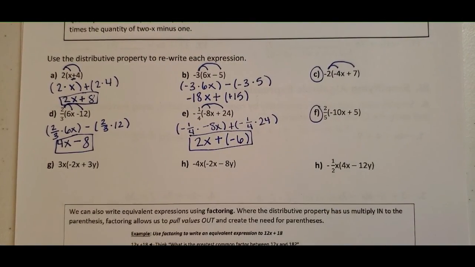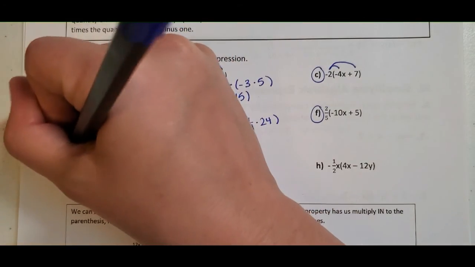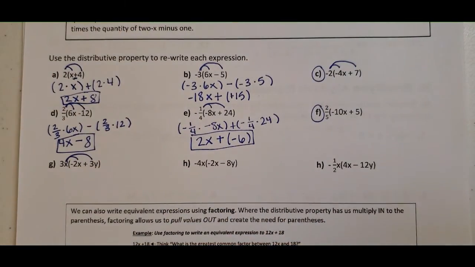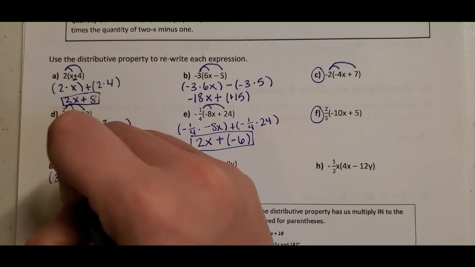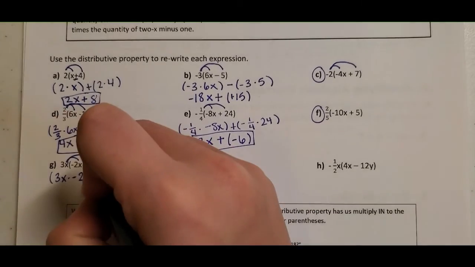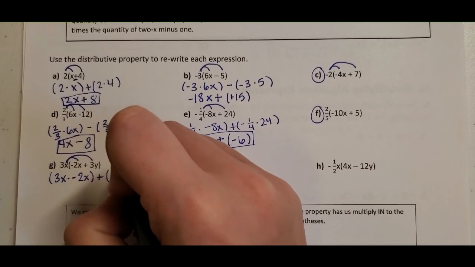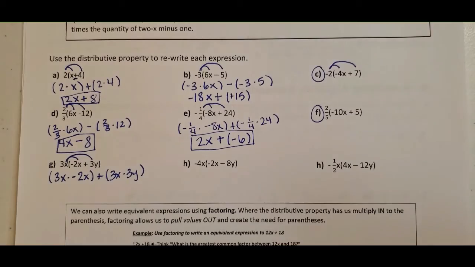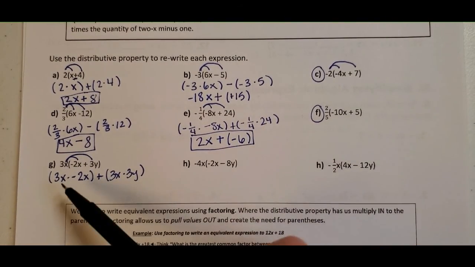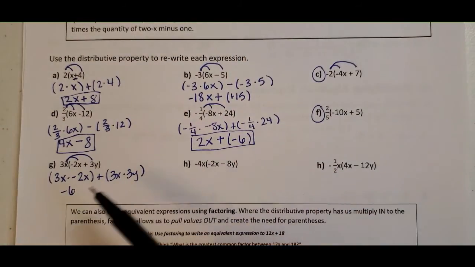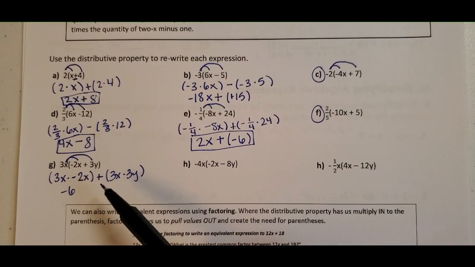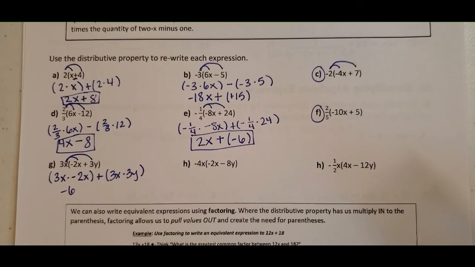So let's look at G. G, I have 3x being distributed. So I would have 3x times a negative 2x plus 3x times 3y. 3 times 2 is 6. It's going to be a negative 6 because this is a positive times a negative. So I have negative 6. And now I'm multiplying an x by an x. So you're basically just counting how many x's you have.